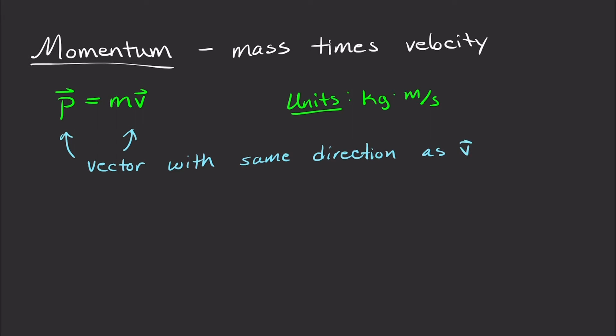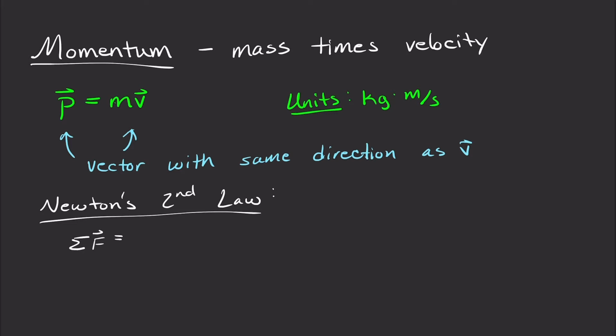And momentum actually shows up in Newton's second law. Newton's second law, F equals ma, is not exactly the way Newton wrote it. The first way you learn it is actually a special case. Newton's second law said the sum of the forces, or the net force, is equal to the change in momentum over the change in time.